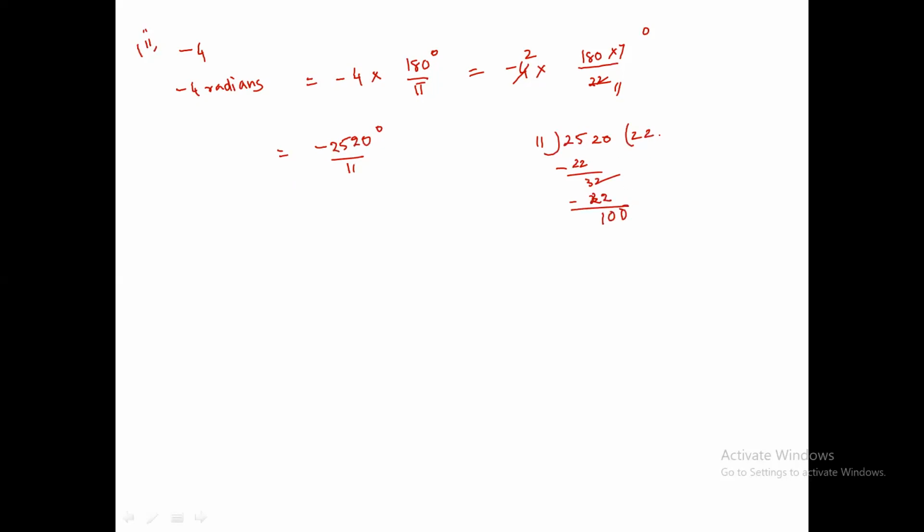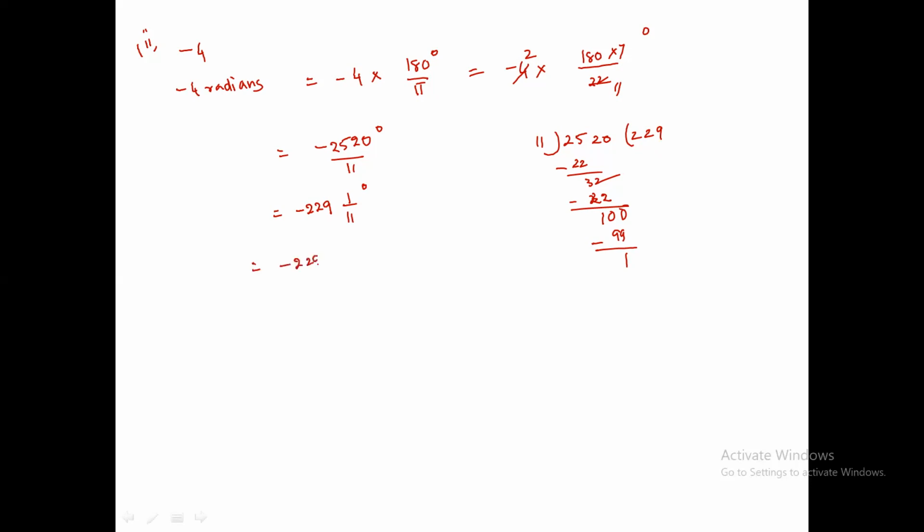Bring 0 again. 11 9s 99. 1. So I can write this as minus 229 1 by 11 degrees.